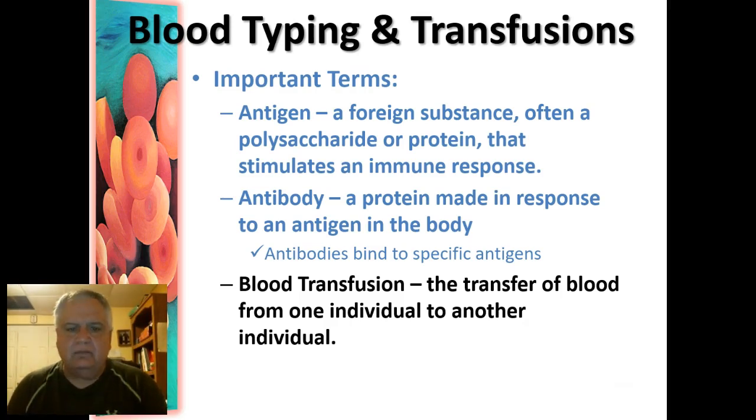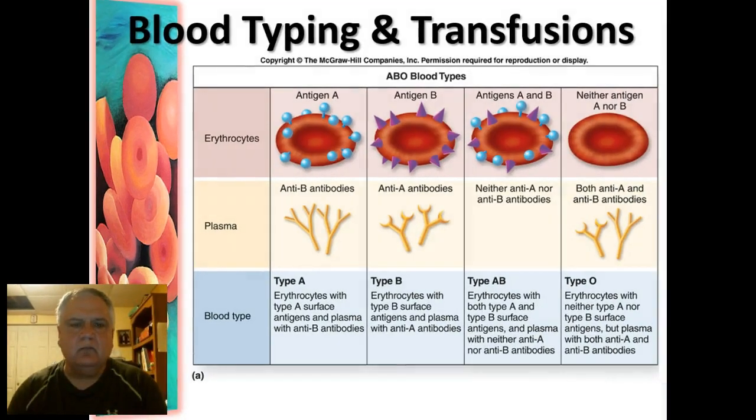The next important term is blood transfusion. A blood transfusion is the transfer of blood from one individual to another individual. So when we take a look at blood transfusions, or a transfer of blood, we have to pay attention to antigens and antibodies.